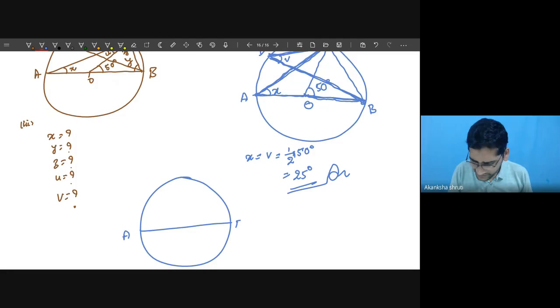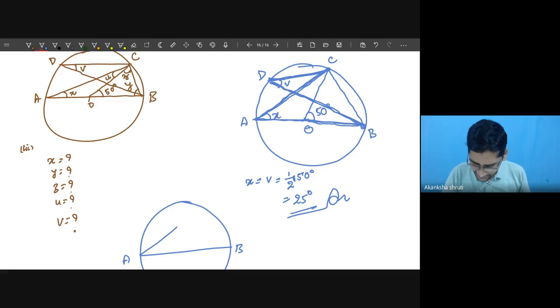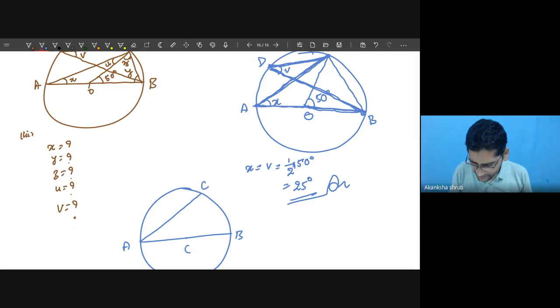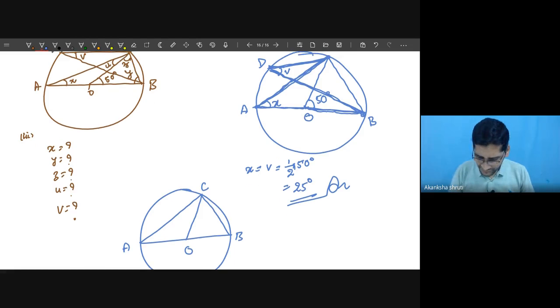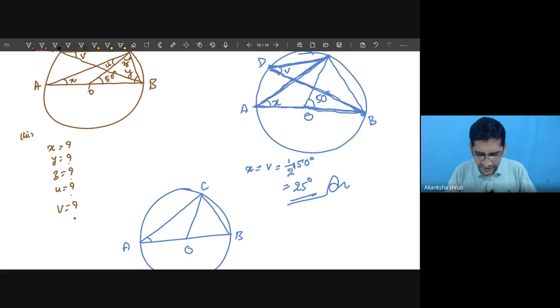A to B, the another point is our C, the center is our O. Now this angle we have already determined, not required. This is our 50 degrees. Now let us try to determine this angle.